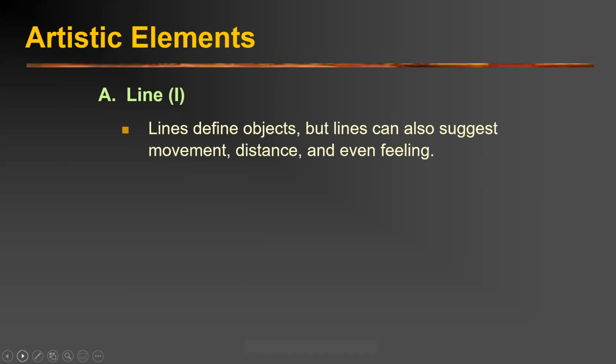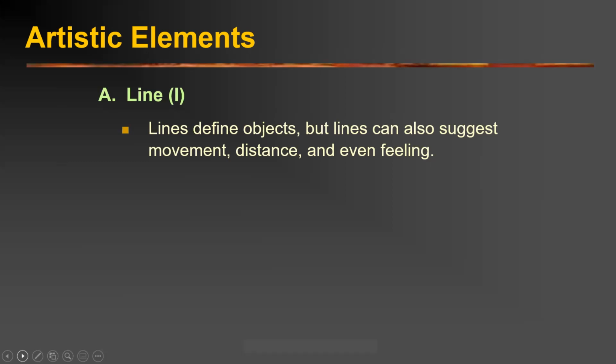Lines are very important in picture storybooks because it portrays action, it suggests something that is happening in the story. Lines define objects, but lines can also suggest movement, actions, distance, and even feeling.